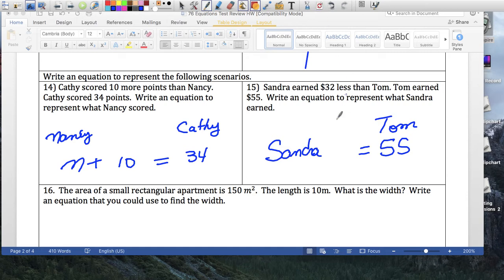Sandra earned $32 less than Tom. Oh yeah, so whatever Sandra earned plus 32 would give 55. So the equation would be S plus 32 equals 55, right? Because Sandra earned less. So in this case, you have to add to Sandra to get to Tom.